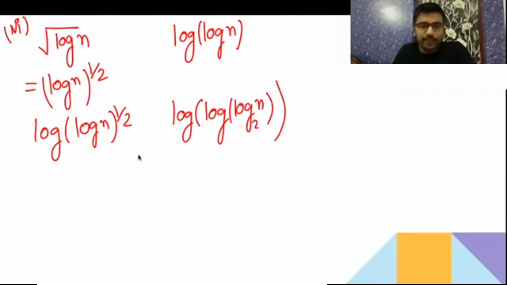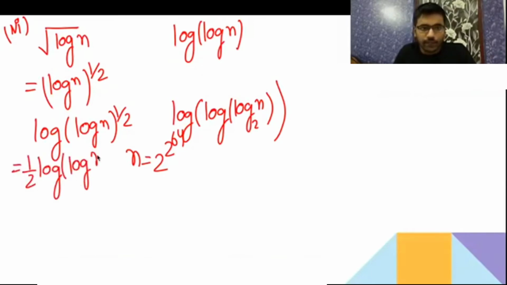So here I will take n equal to 2 to the power 64. I am taking a bigger one. Since it is a power, it will come in the beginning. So let me write: half, then log of log n base 2.